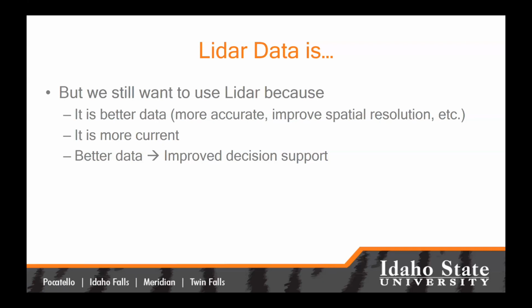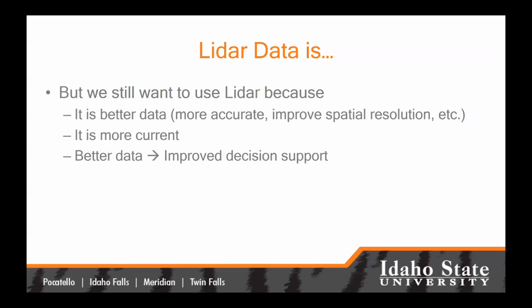LiDAR data is also more current. Right now data is either being collected or being processed based on data that was collected perhaps in the summer or fall of 2019. So it is more current.